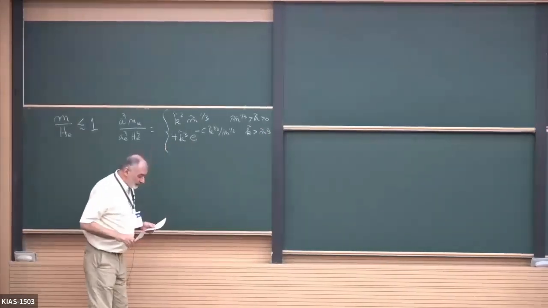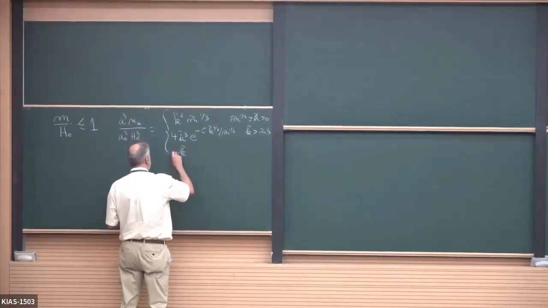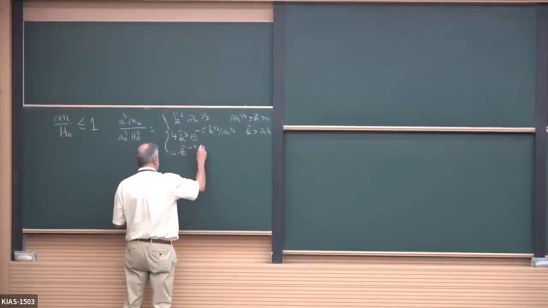And then there could be an additional contribution from 2-to-2 scattering, where this is proportional to k squared, to k to the minus 3/2.